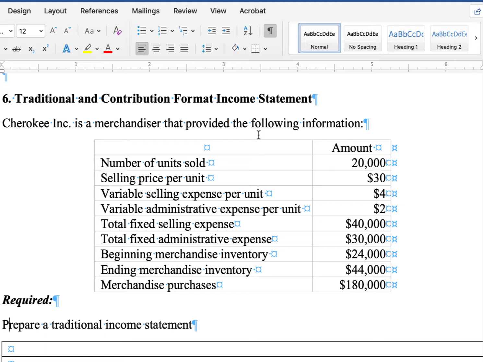If you didn't, please pause the video, because we just went over how to prepare the traditional and the contribution income statement. Just give it a try for me. I'm going to give you the answer, obviously. The idea is to get you to think, work with the material, and try to discover how to do it. If you haven't done that, pause the video, give it a shot, come back, and we'll go through it together.